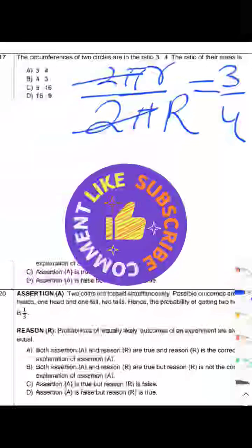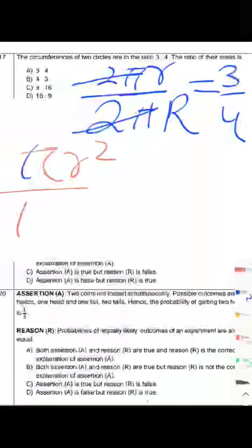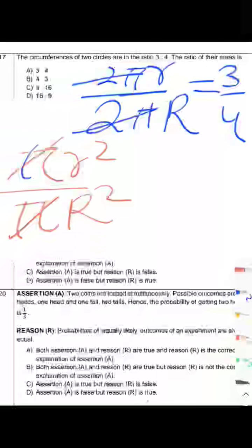Now the formula of area of circle. What is the formula of area of circle? Pi r square upon pi capital R square. So pi cancel. You know here small r upon capital R is how much? 3 by 4.